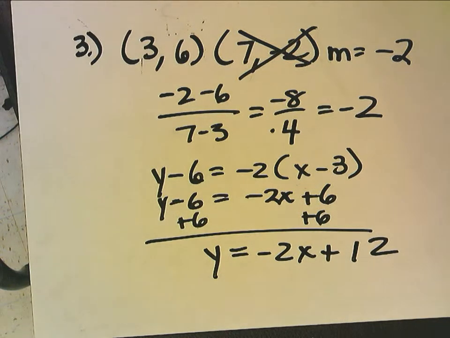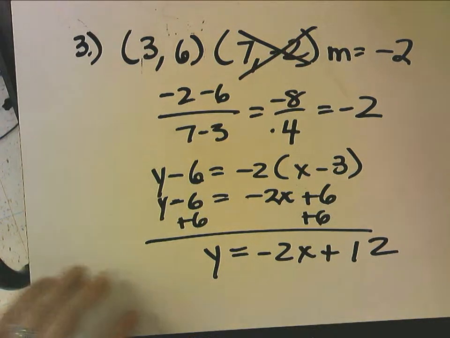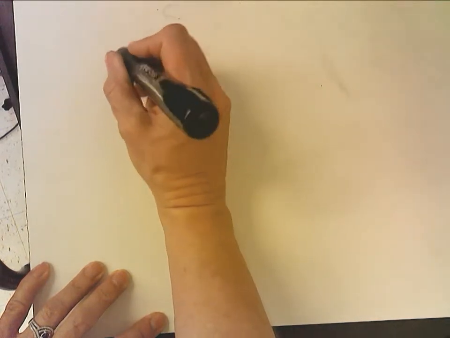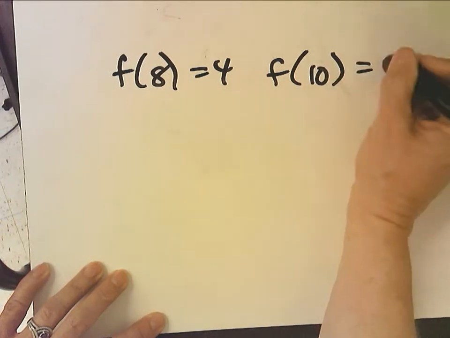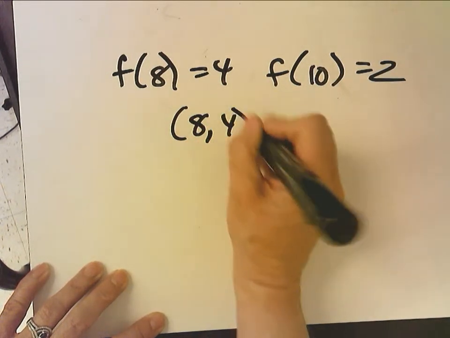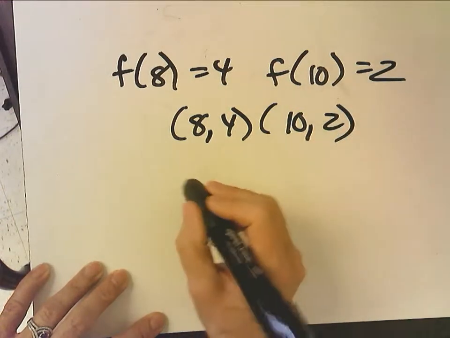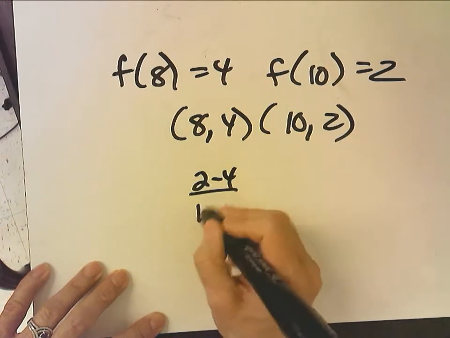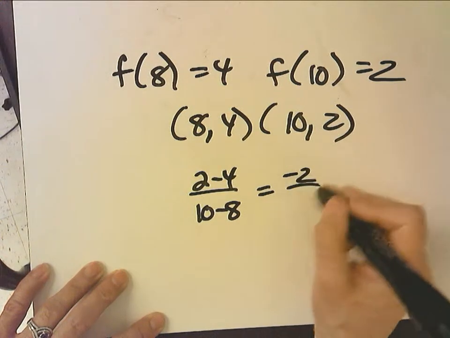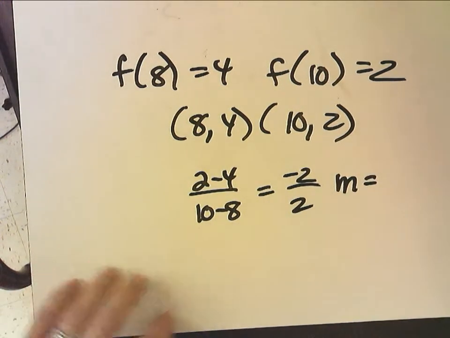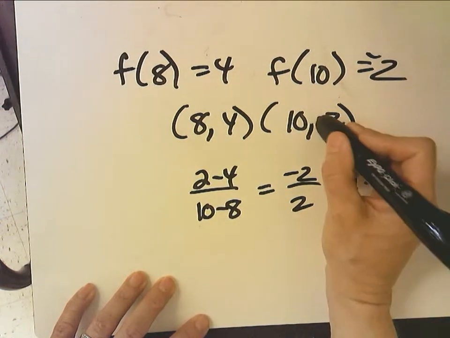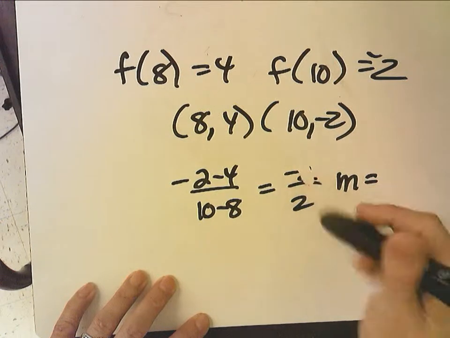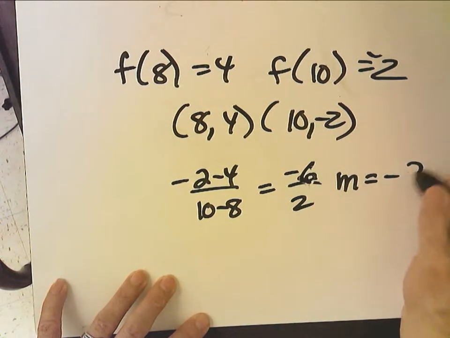Okay. Number 4, again, they're asking for slope-intercept form. They give me f of 8 equals 4, f of 10 equals 2. That's really giving me 2 points. So if I'm given 2 points, I find the slope. So m equals 2 minus 4 over 10 minus 8. Oh, this is -2 over 2... -2 minus 4 is -6, so this is -3.